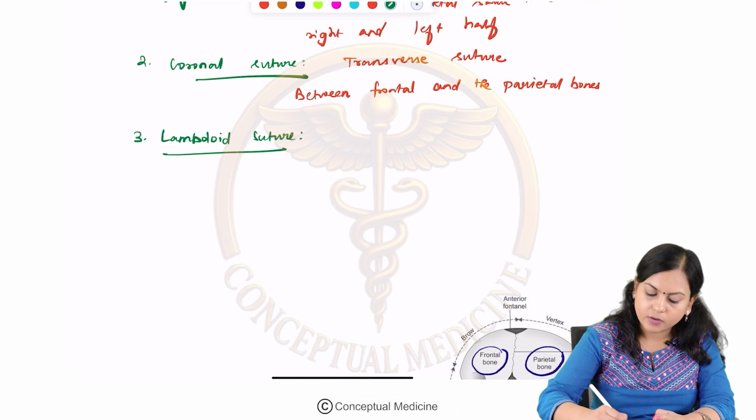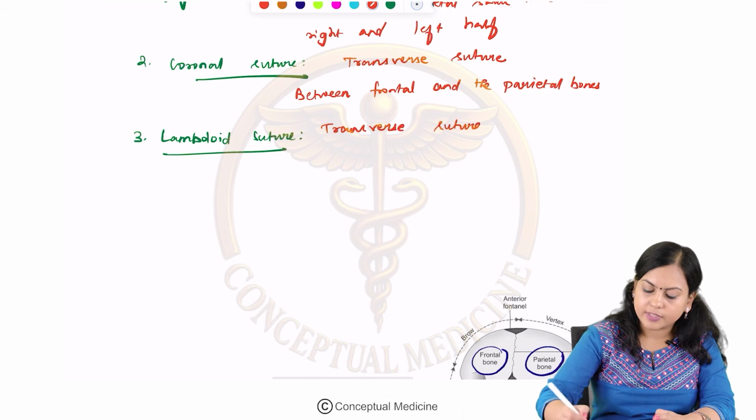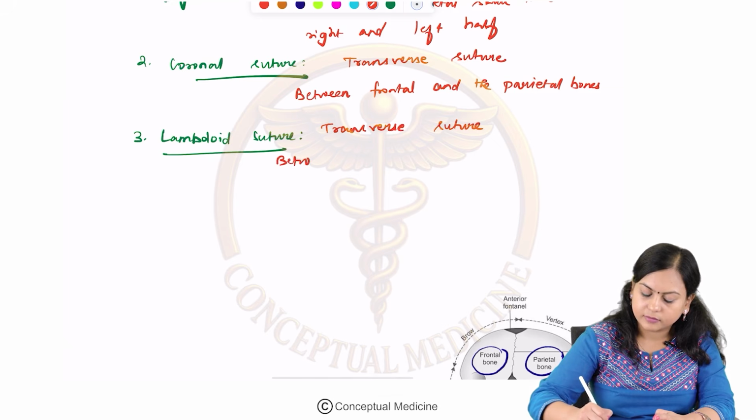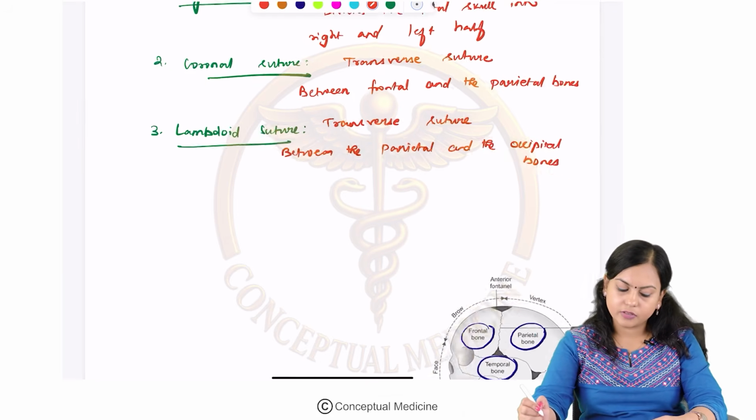This is also a transversely running suture, and it is present between the parietal and the occipital bones. Understood?